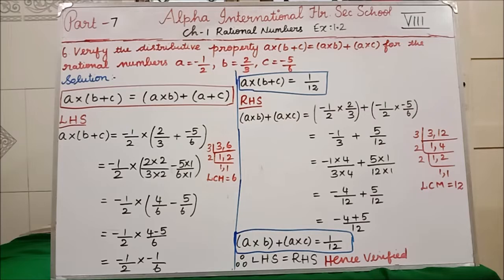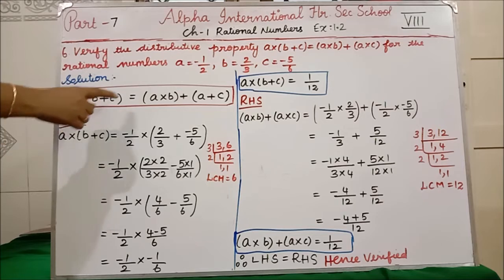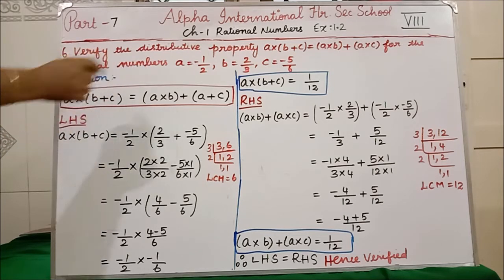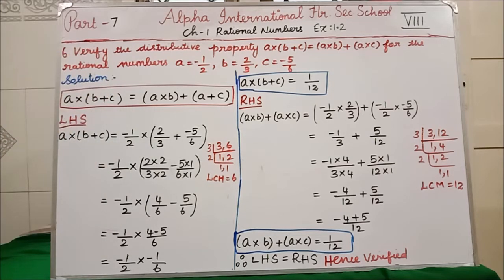I have told you, distributive formula means it is distributing the values. See, A into B, first they have written, in between plus, so plus A into C. Clear, students? I have told you many times, the term on the left side is the left hand side, so in short form I have written LHS.